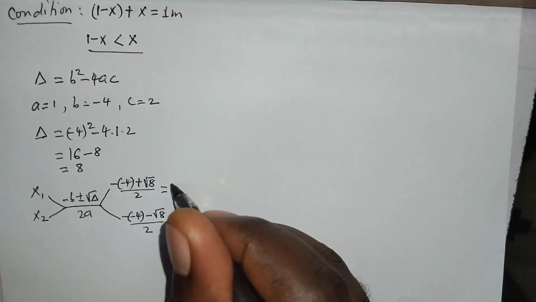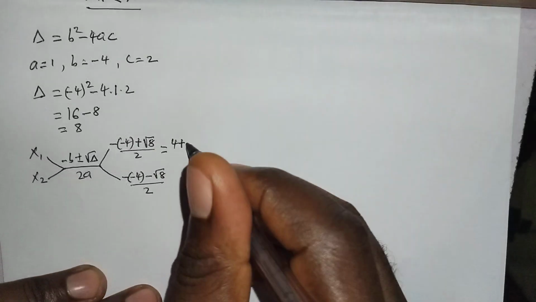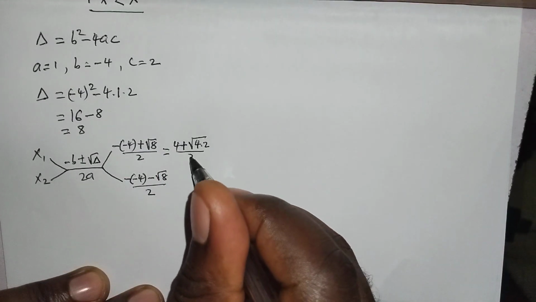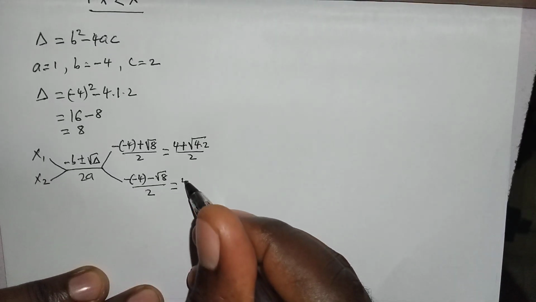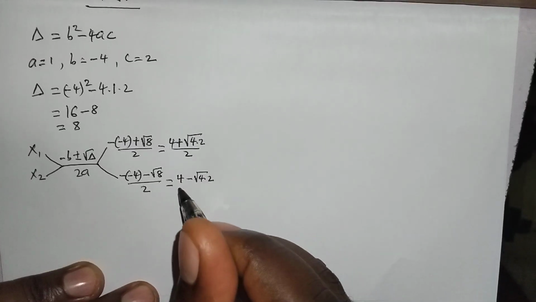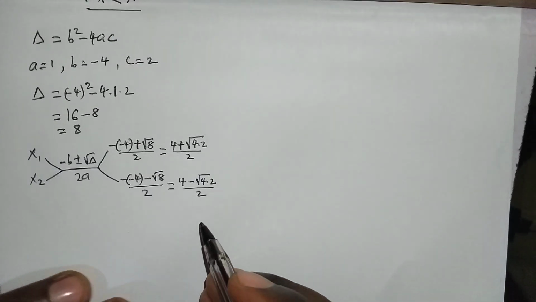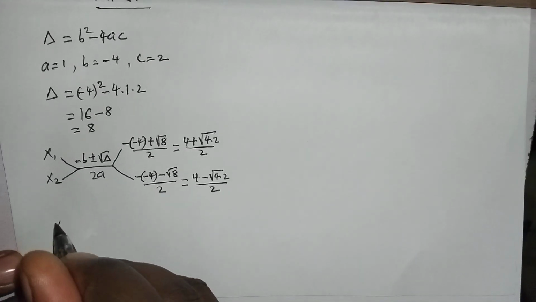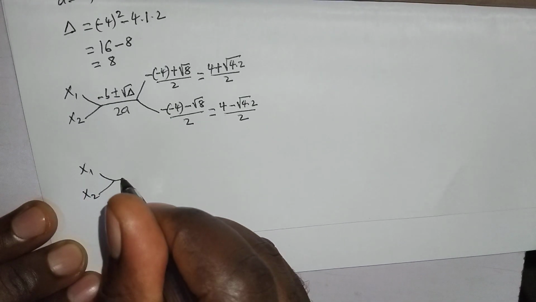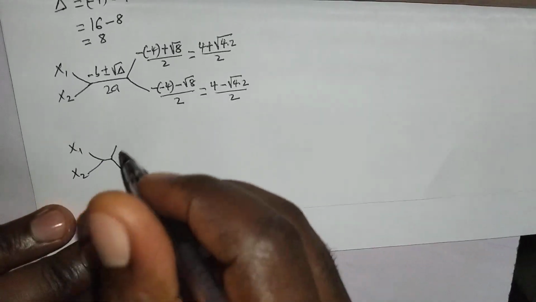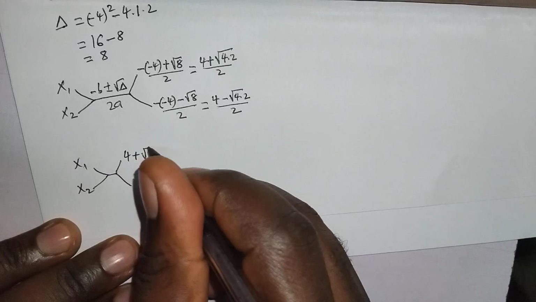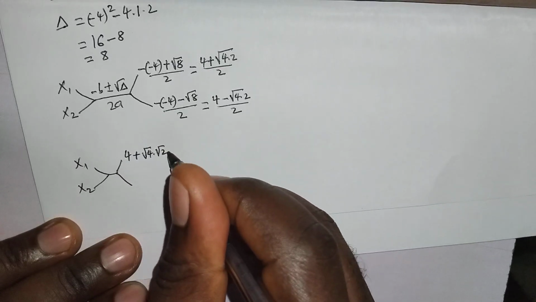This is equal to 4 plus square root of 8 over 2, which is the same as square root of 4 times 2, and here 4 minus square root of 4 times 2 over 2. For x1 and x2, it is the same as square root of 4 times square root of 2.